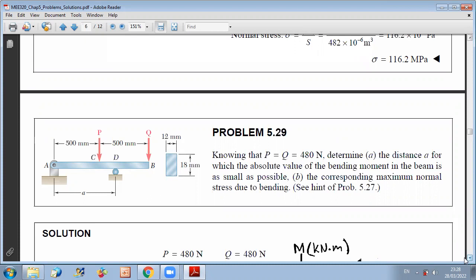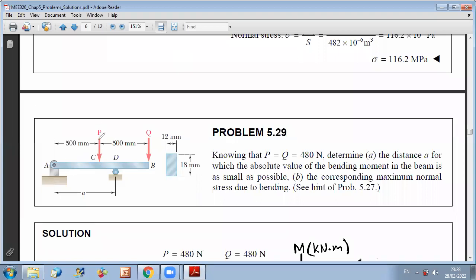Okay, so first, in general, when you have a load, you try to reduce the possible bending moment. Okay, so let us say here we want to find what is the best location of the roller D in order to have a minimum maximum value of the bending moment. Okay, so the idea is the following: we have a beam.